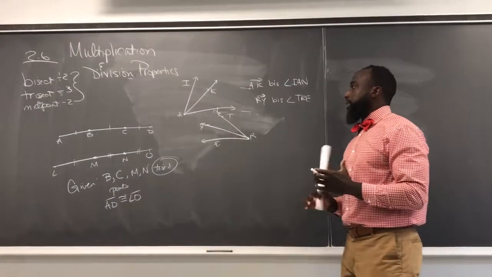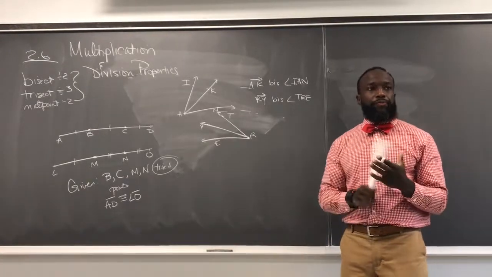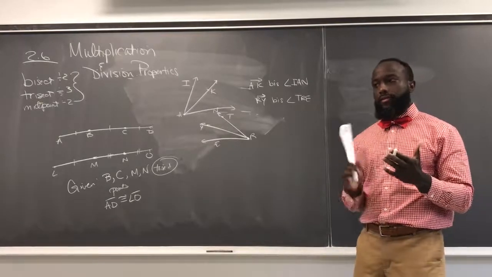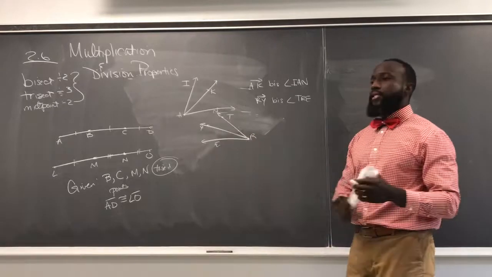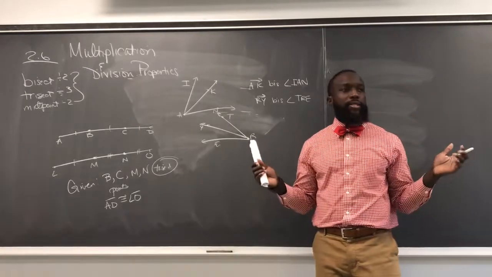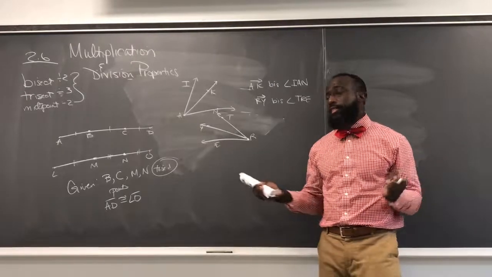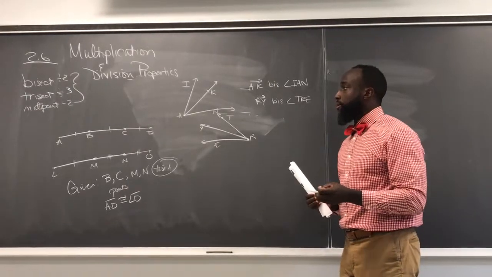What conclusions can you draw? What do you see? If this bisects and that bisects, what can you say about this? Yes, Josh. That the angles are congruent. Which angles are congruent? IAK and TRY.